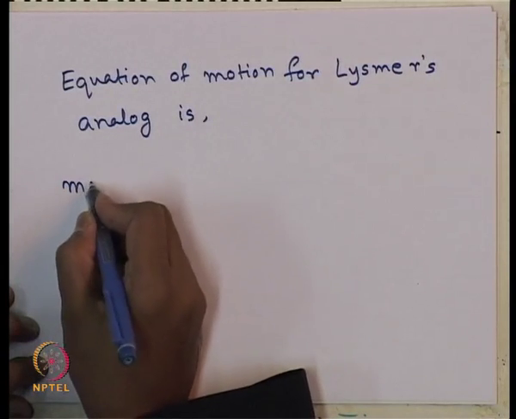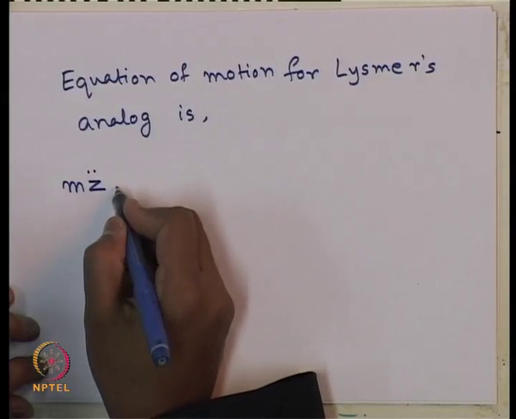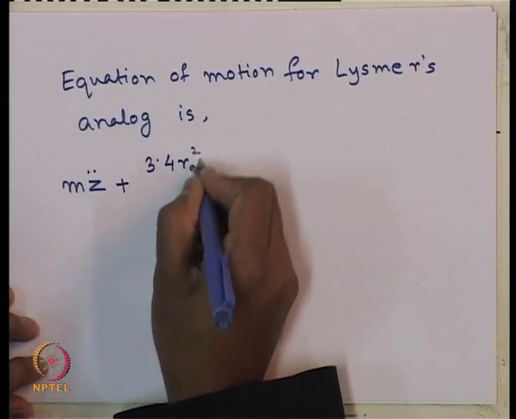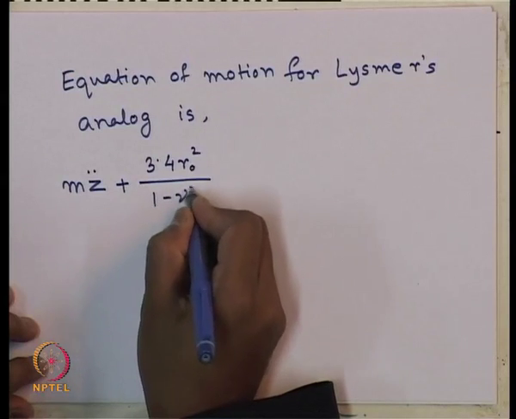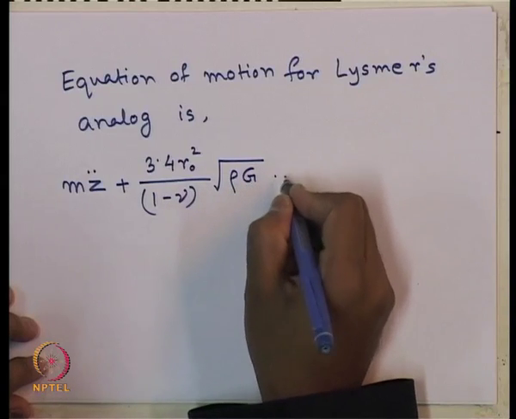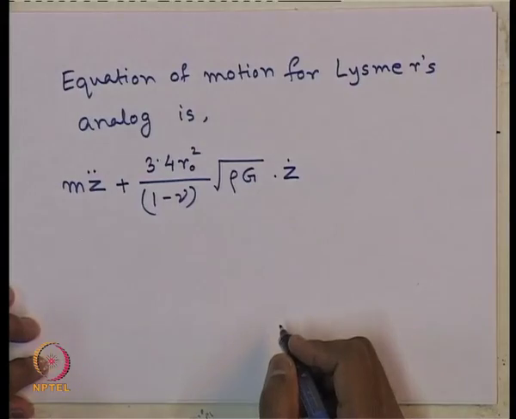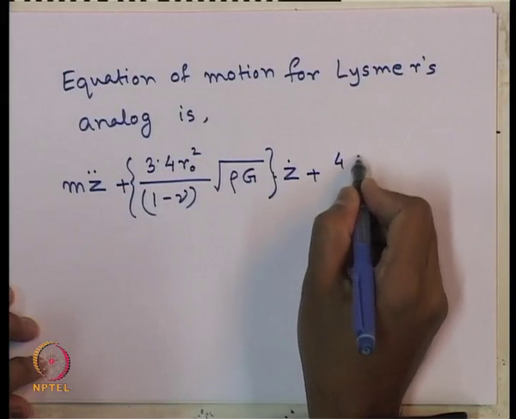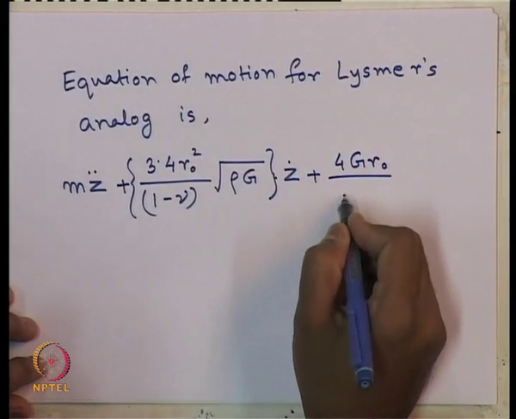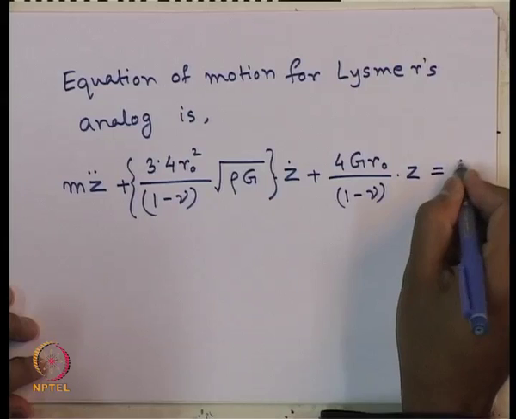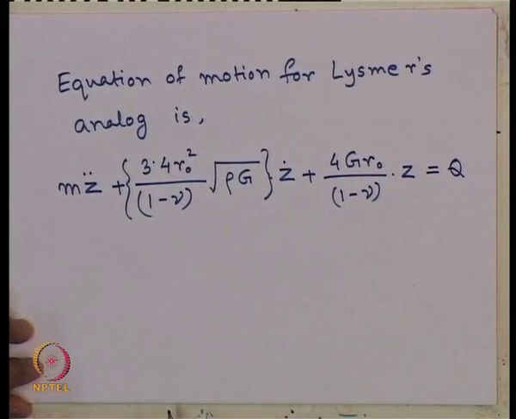For vertical mode of vibration, we say m z double dot plus 3.4 r naught square by 1 minus mu root over rho g times z dot plus 4 g r naught by 1 minus mu times z equals q. That is the equation of motion of Lysmer's analog.